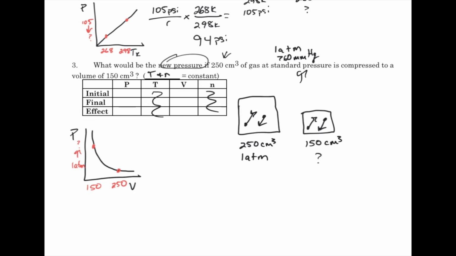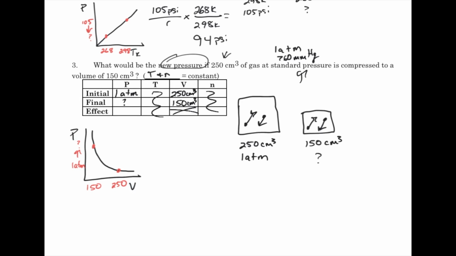So let's go ahead and fill out our table. We've got 250 centimeters cubed, and that's at standard pressure or 1 atmosphere. The volume changes to 150 centimeters cubed, and we want to know what the pressure is, right?